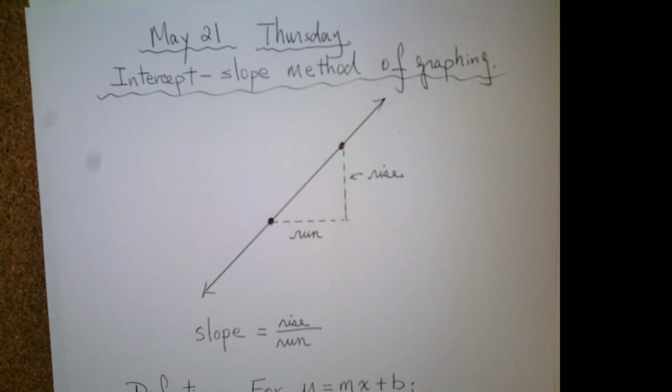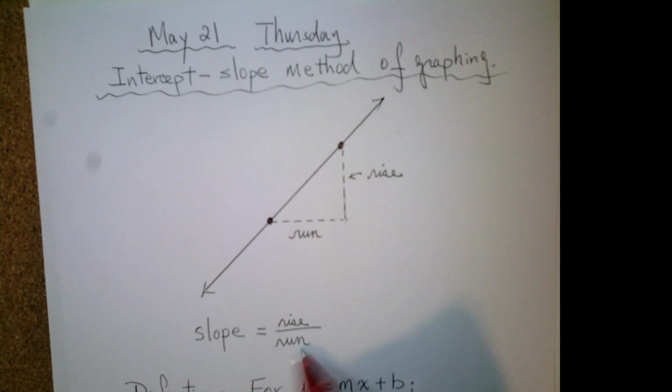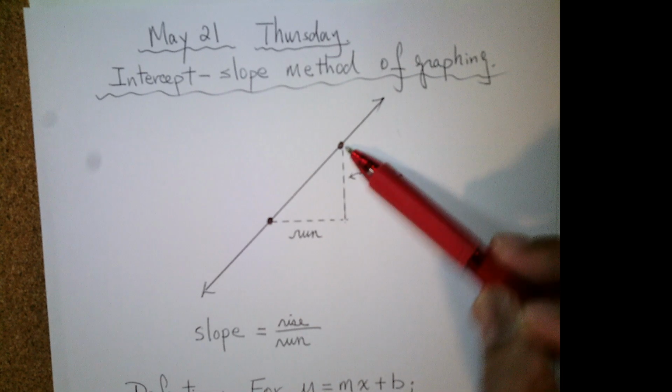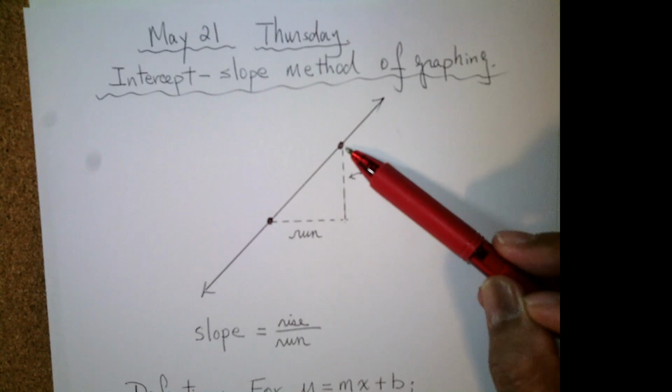So this morning we're looking at another way, a fast way of graphing a line, taking advantage of a concept called slope. Slope of a line is the rise over the run. Slope is being defined as rise over the run. And also we are applying the concept of 2 points define a line.